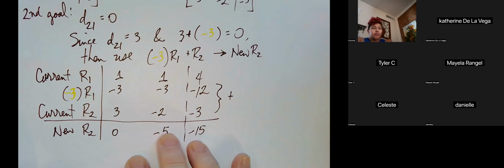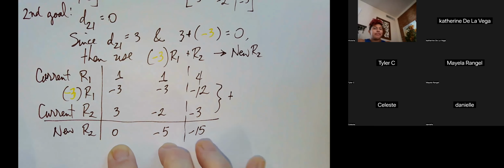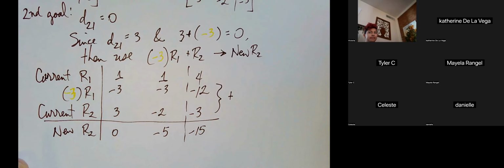Right at this step we can check whether or not we're going correctly. -15 divided by -5 is an integer, not a fraction. We're feeling confident that we added correctly.